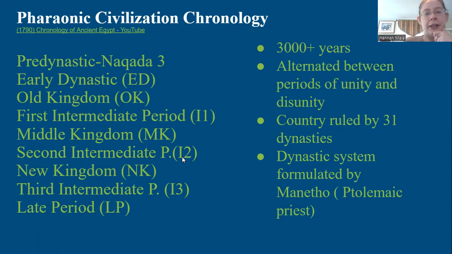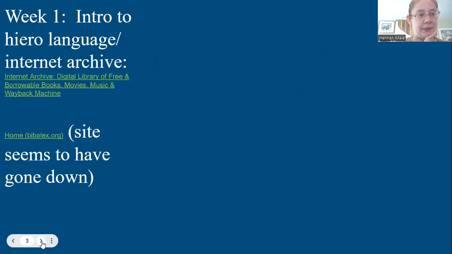And then these are the abbreviations that you'll see for the objects in terms of when they date, because we're going to be going back and forth in time in terms of the objects' dates.